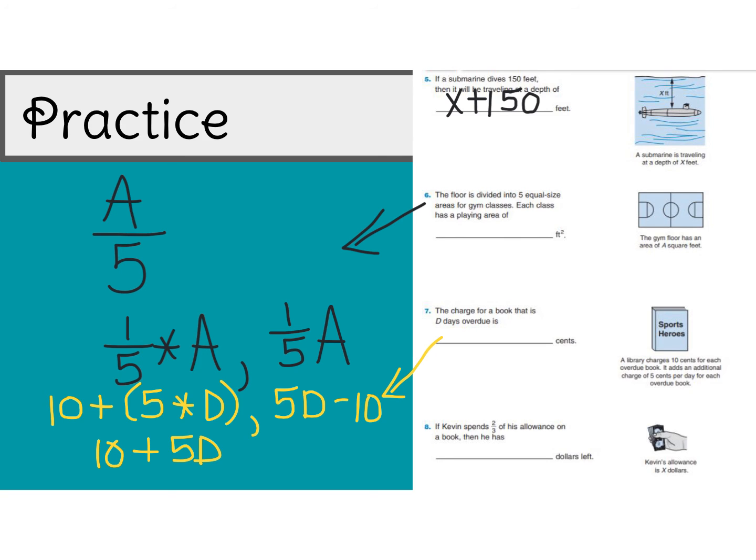And this should be a plus sign. Sorry about that. So there we have 3 different possibilities for algebraic expressions for number 7.